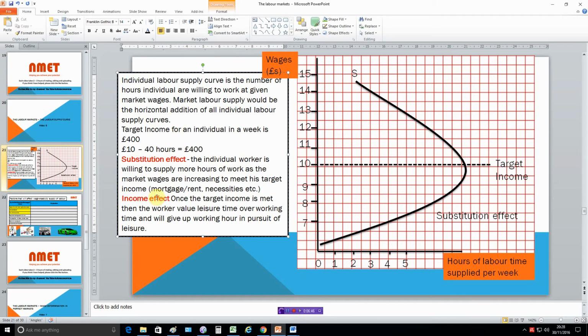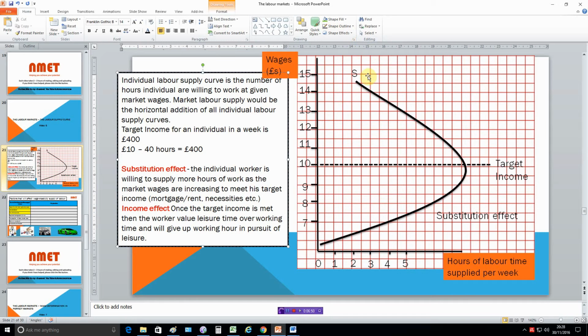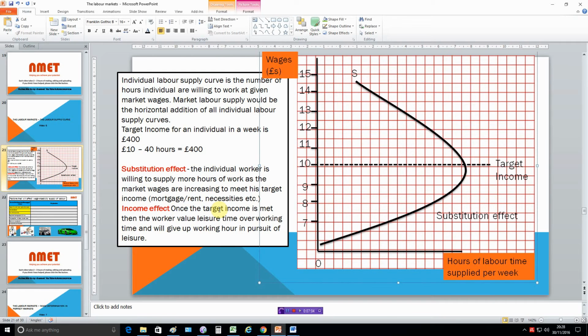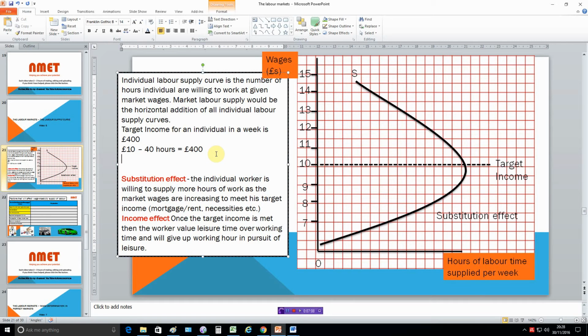So above £10, let's say his wage has risen to £15.